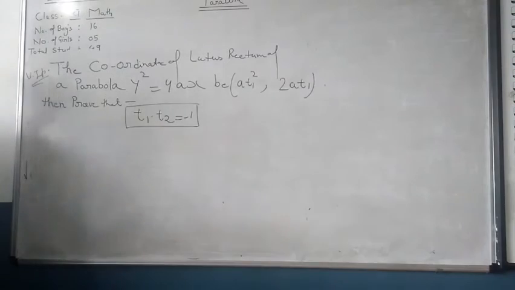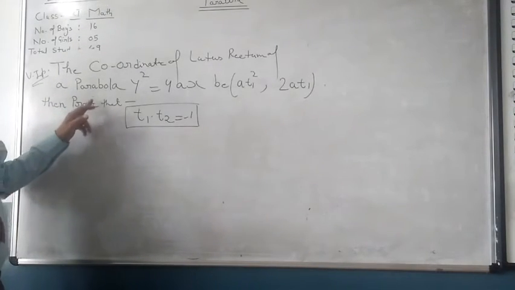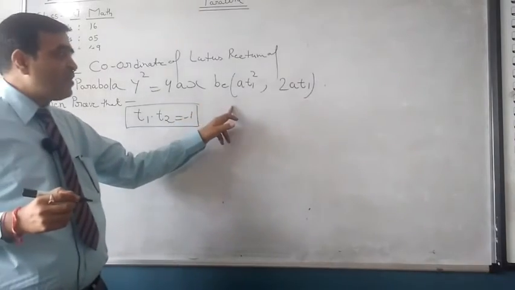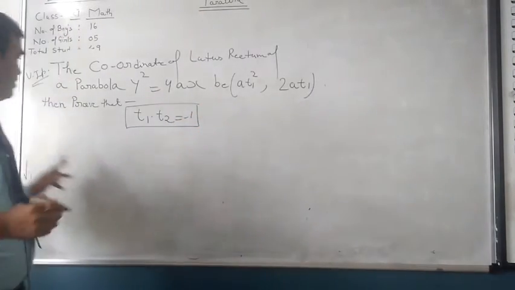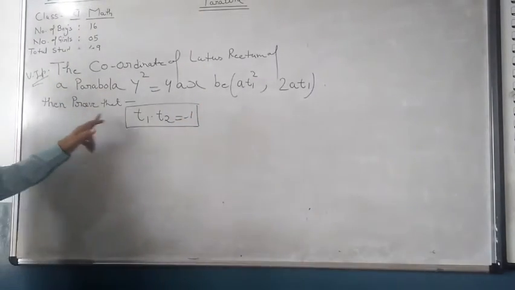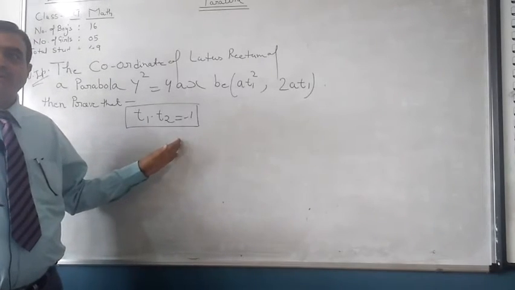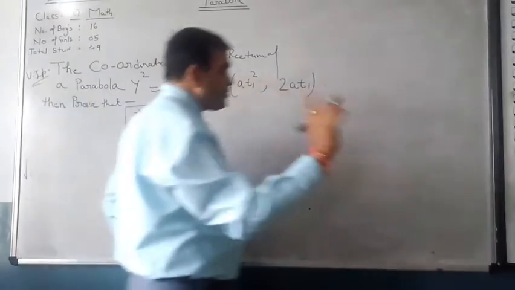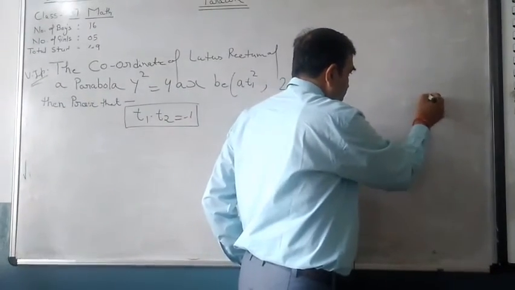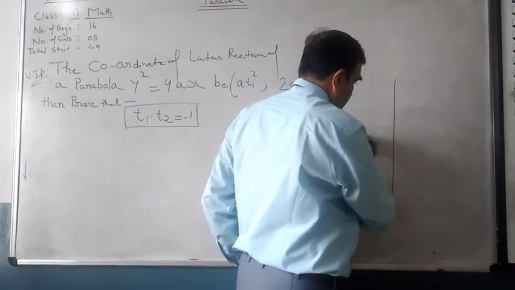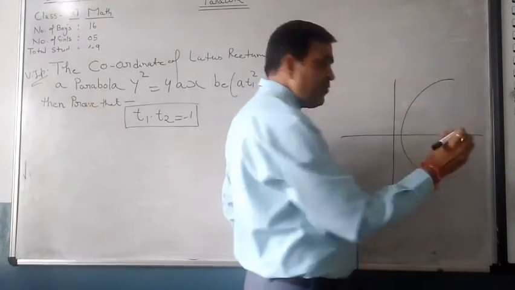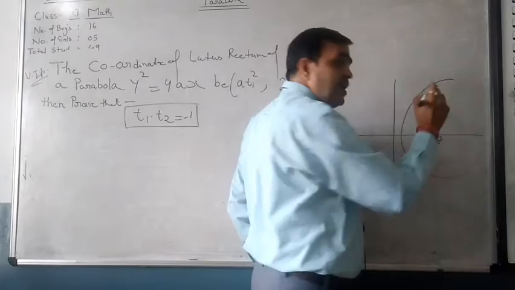The coordinates of the latus rectum of a parabola y square equals 4ax be a t1 square, 2a t1, then prove that t1 into t2 is equal to minus 1. A latus rectum is a line.